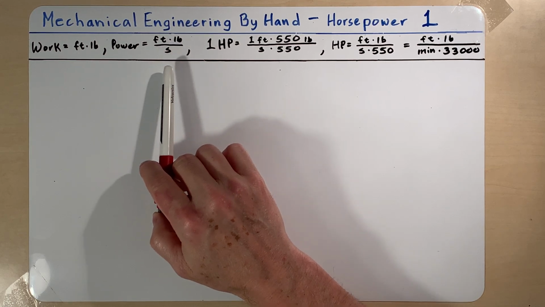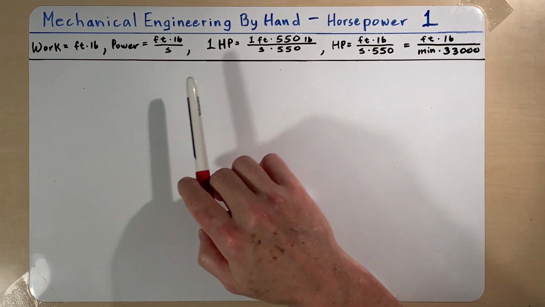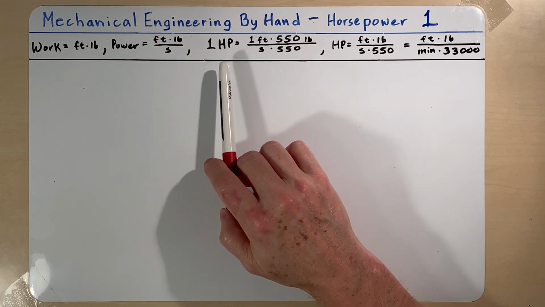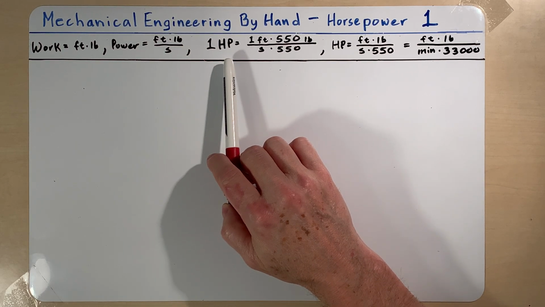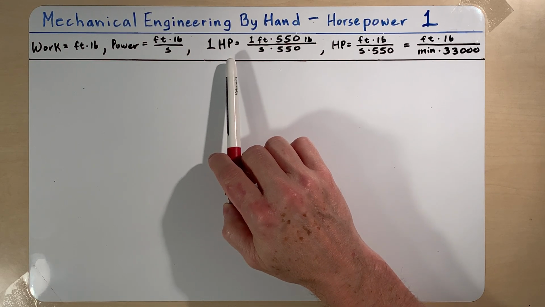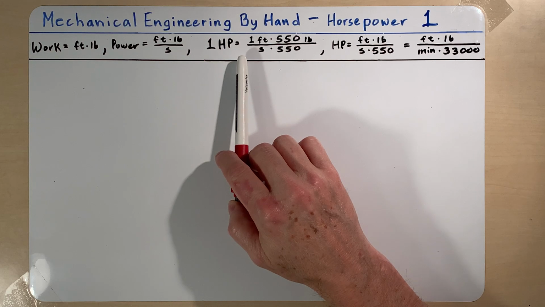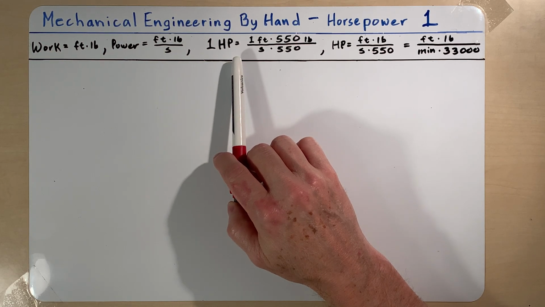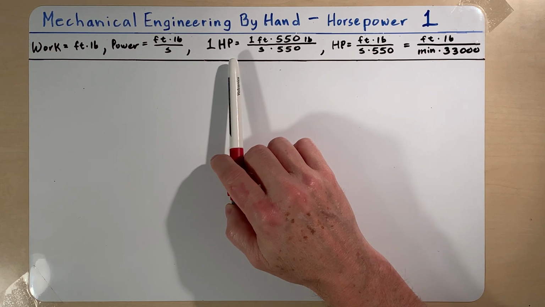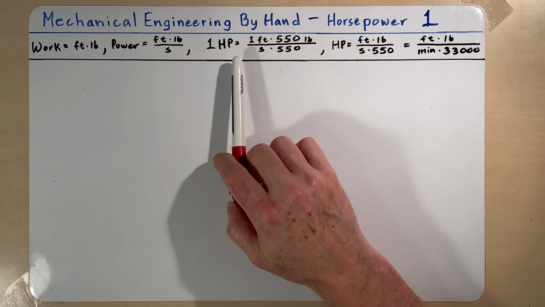You typically don't see power written that way in the English system, but you do see it as horsepower. And what horsepower is how much power a horse can provide. Back in the early 1800s, they coined this term to compare new steam engines to horses.